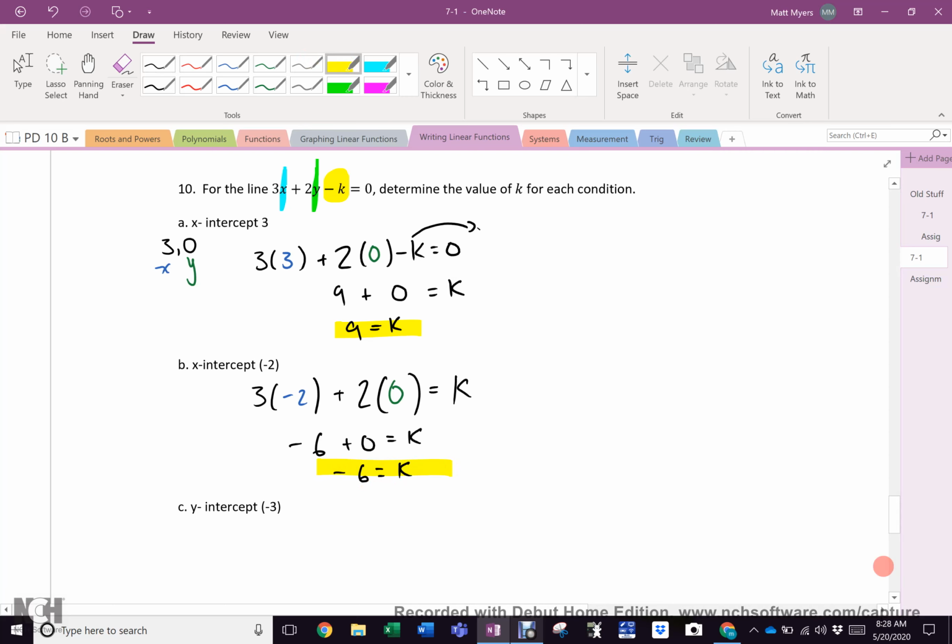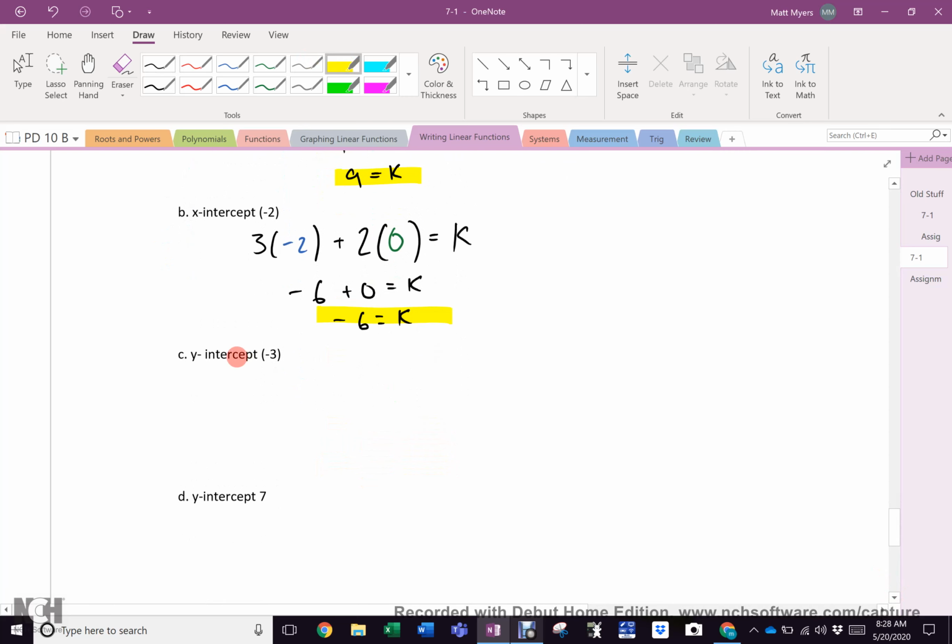There's my answer there. This one, a y-intercept of 3, so that point is, the x's are blue, 0, and the y's are green, -3. I just sub it in. 3 times 0 plus 2 times -3 equals k.